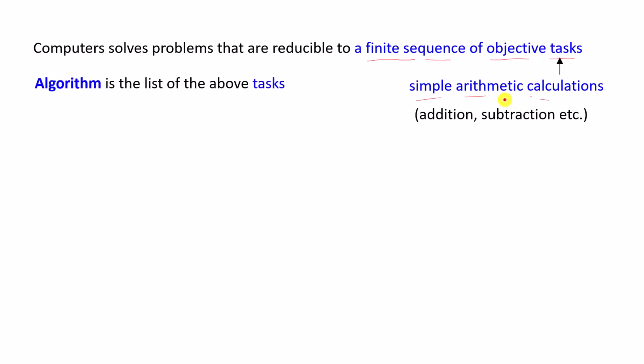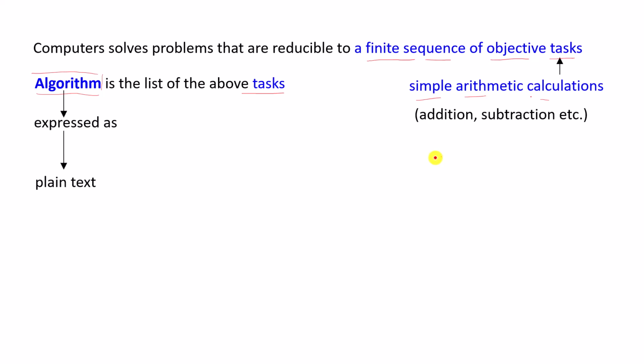The list of tasks that we are instructing the computer to do is what we call an algorithm. So how do I write an algorithm? I have several ways.